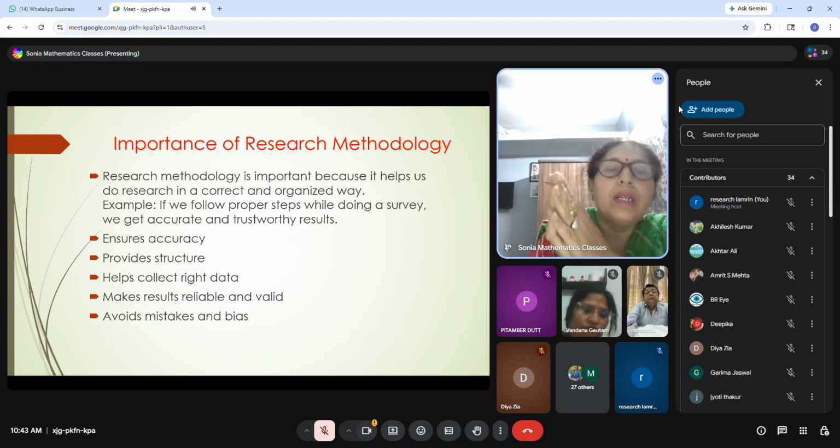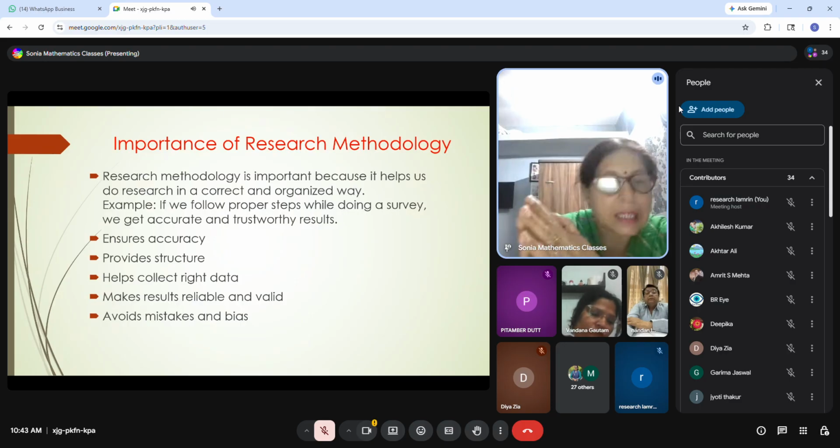For example, if we follow proper steps while doing a survey, we will get accurate and trustworthy results. Research methodology ensures accuracy, it provides structure, it helps collect the right data, it makes results reliable and valid, and it avoids mistakes and bias.